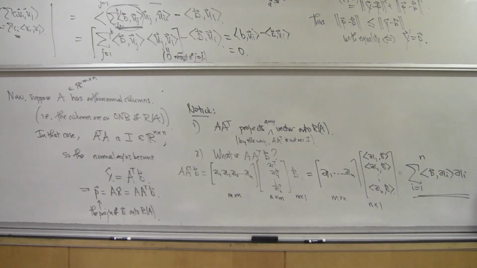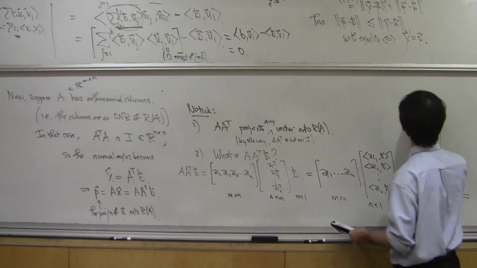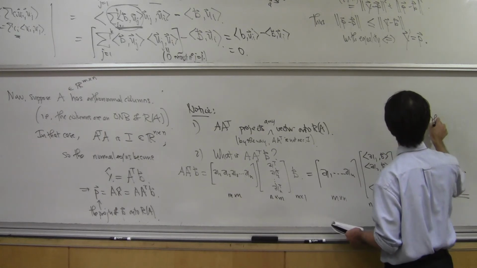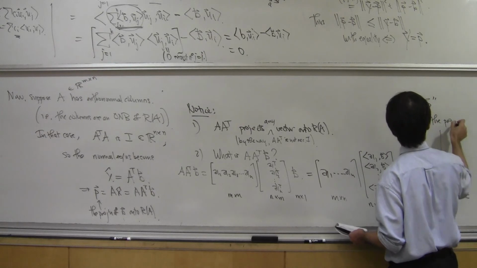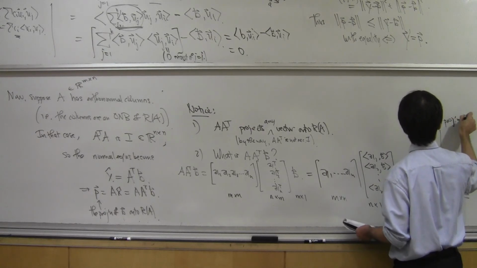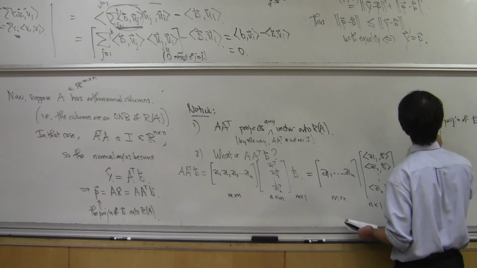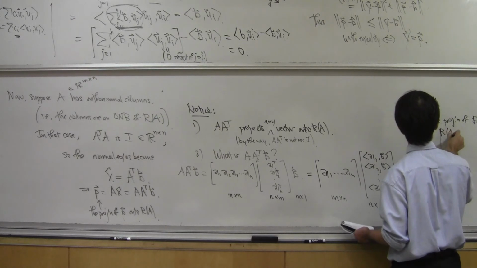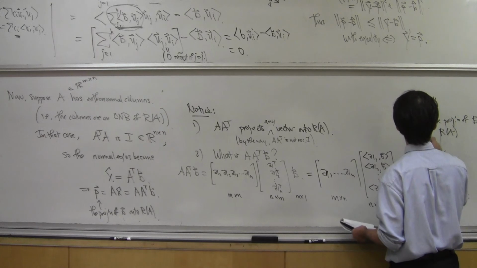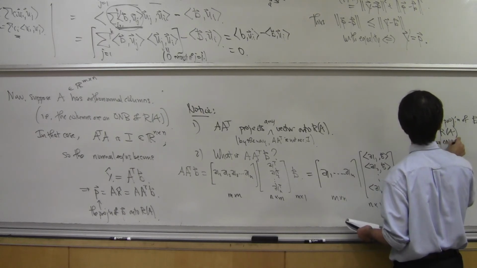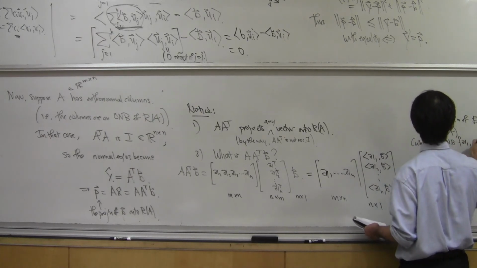This is exactly what we said theoretically before. This is the projection, this is P, the projection of B on the range of A, which has orthonormal basis A1 through AN.